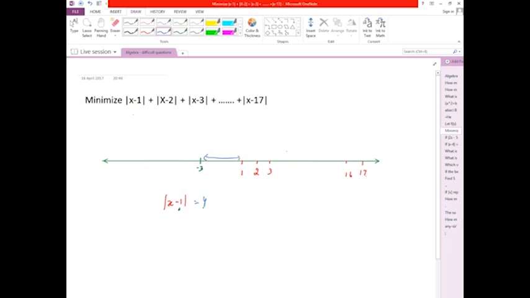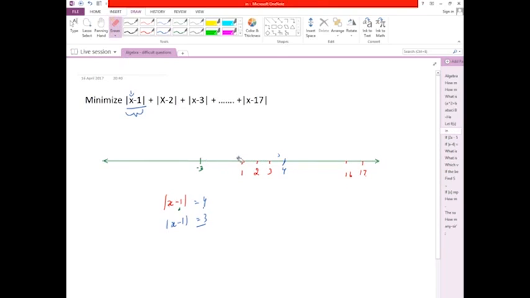Same way, if x is equal to, say, 4 here, its distance from 1 is equal to 3. And that would be the value of mod x minus 1. If you put x is equal to 4, the distance will be 3. So in a way, the expression mod x minus 1 is the distance that x has from point 1.